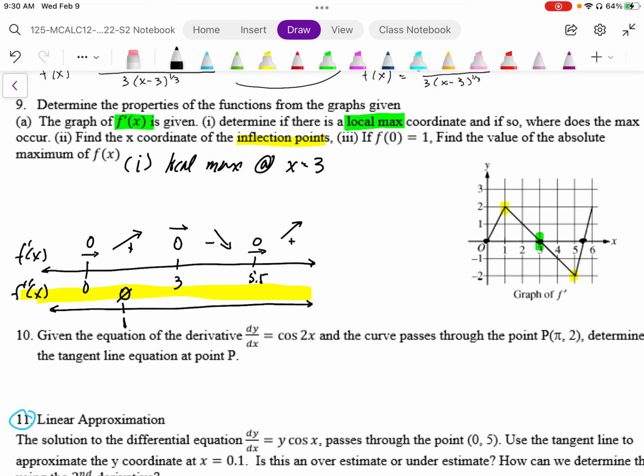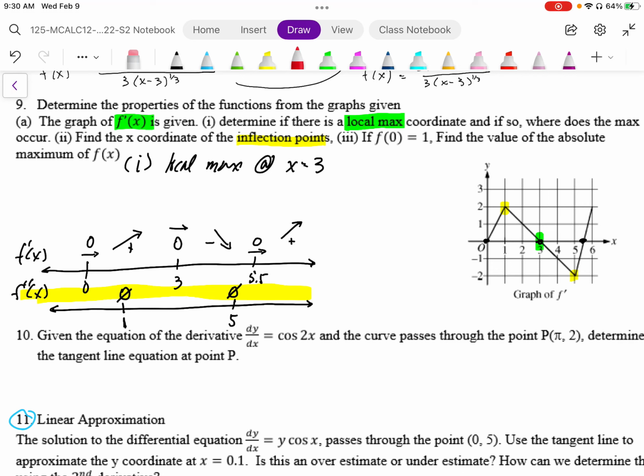It's not a 0 slope, so it is an abrupt change, which means an undefined second derivative. At x equals 5, there again is an abrupt change. A change in the slope of the slope means a change in concavity.